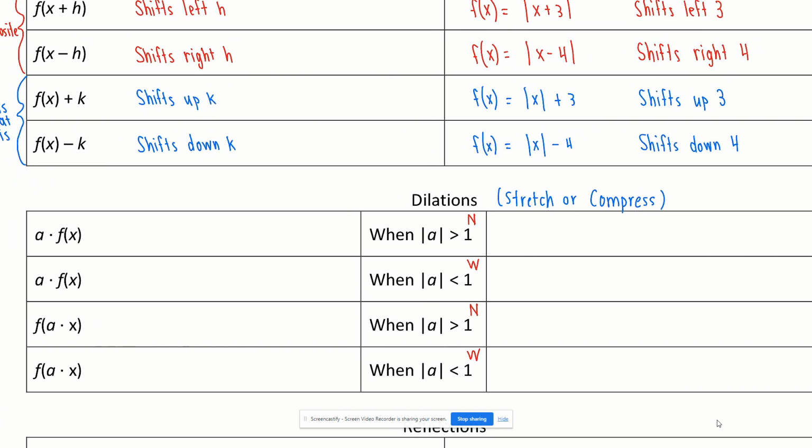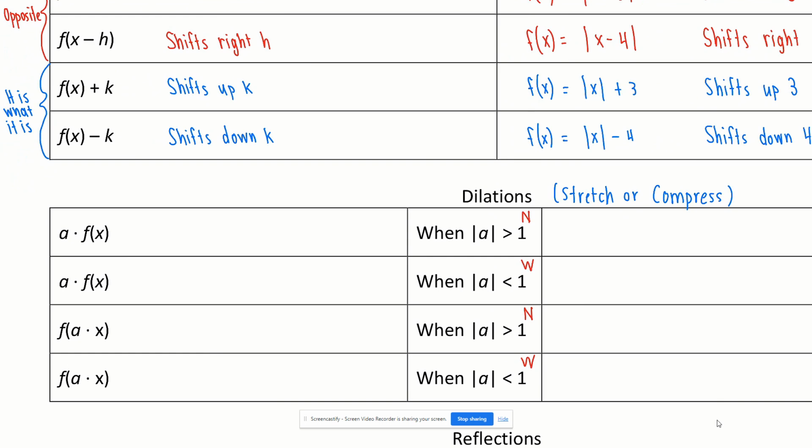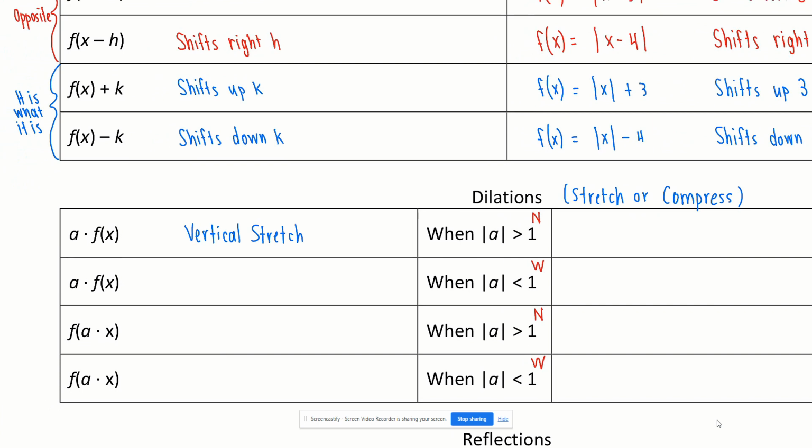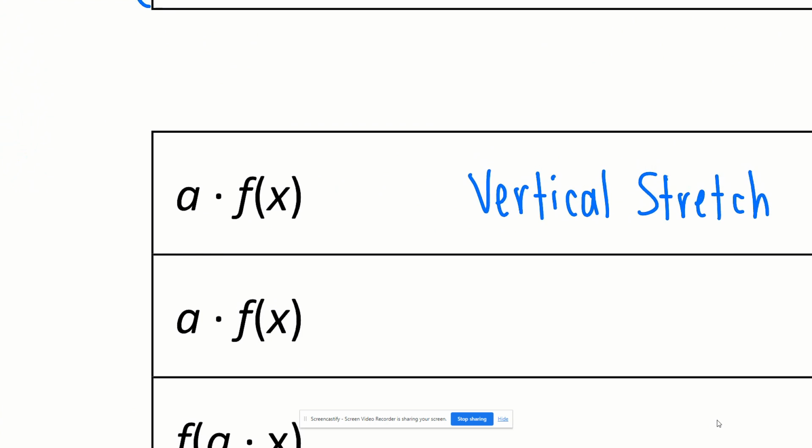So here's the point. When it happens on the outside, like these two are, if your value is greater than 1, then it's what we call a vertical stretch. I want you to try to picture this. I tried to show you in class an example of this, but let's take an absolute value function.